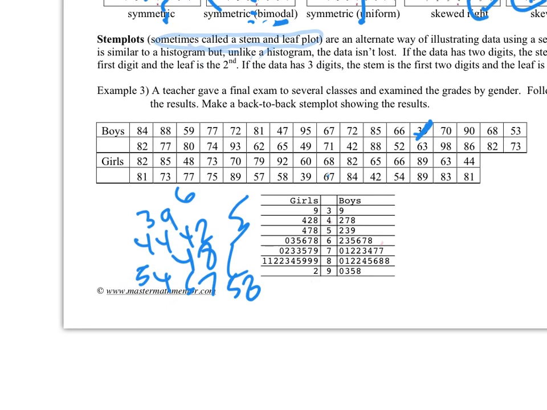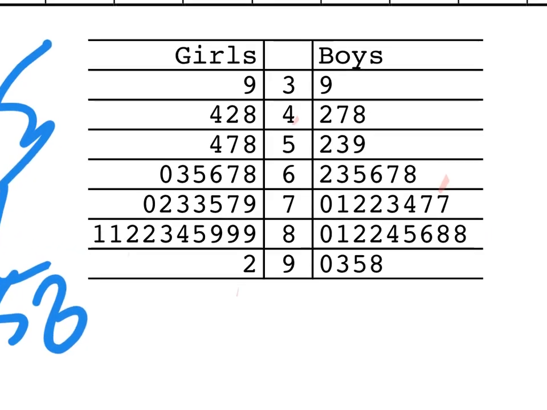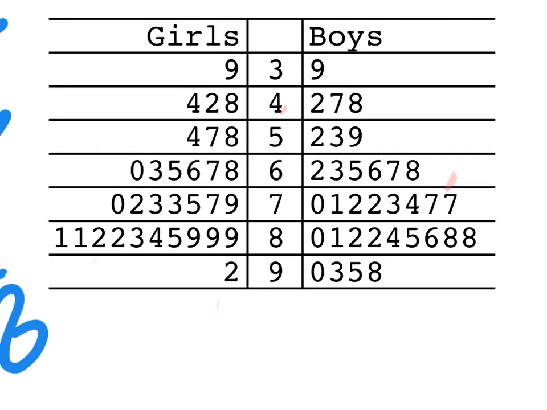Yeah, 1, 2, 3, 4, 5, 6, 7, 8, 9, 10, 11, 12, 13, 14, 15, 16, 17. Two of those, that's 34. So what's the median of 34? Well, 17 is half, right? 17 and 17. So I have to really use the 17th and the 18th value.